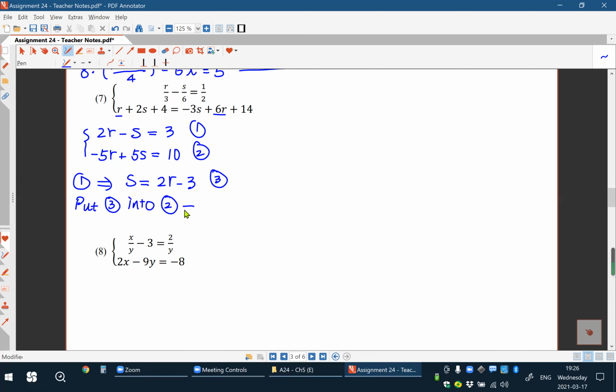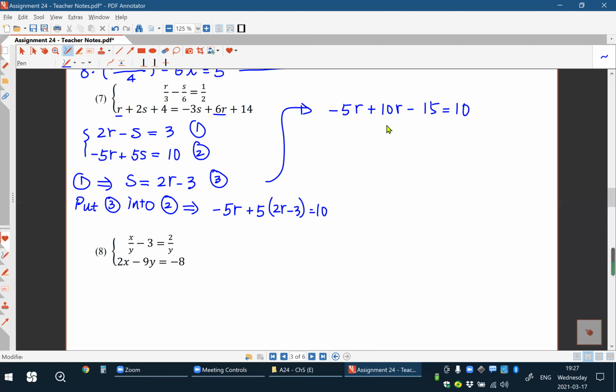This will give you minus 5r plus 5s, where s is 2r minus 3, equals 10, right? Let's continue here. That means minus 5r plus 10r minus 15 equals 10, right?